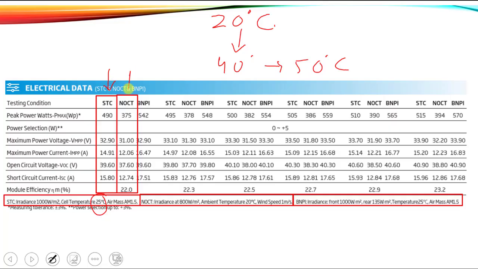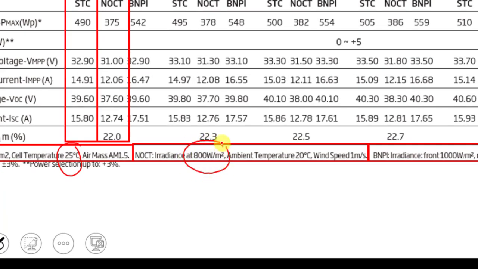So STC is a nominal standard used by manufacturers to specify the power, and the next standard is NOCT. What is NOCT? In NOCT the irradiance taken is 800 watt per meter square, and the ambient temperature is considered here, not the cell temperature. The ambient temperature considered here is 20 degrees centigrade. This is more realistic, and we can say that the average sun energy or irradiance around the world at a particular location can be taken as 800 watt per meter square.